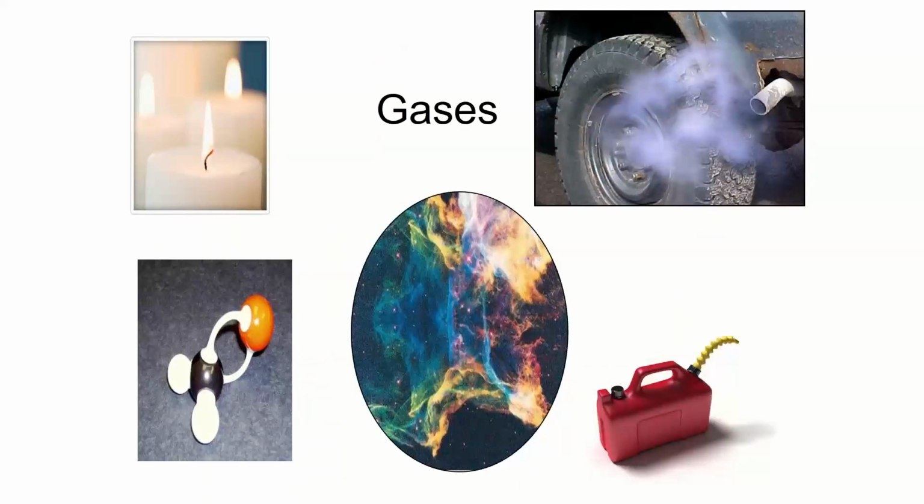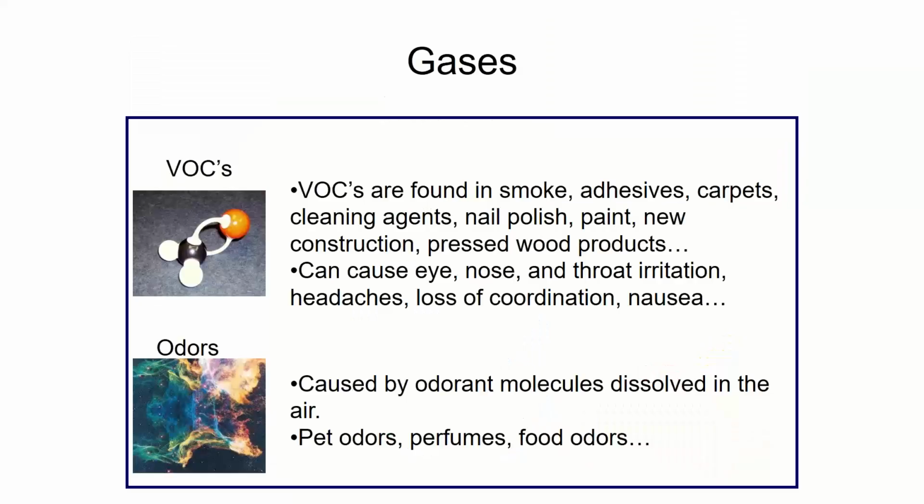Our third category of stuff is gases. That could be tons of different stuff, obviously, but the two main things we're mostly focused on are VOCs, volatile organic compounds. This is pretty much stuff that's off-gassed from all of the things you put into your building. You buy new chairs for all the employees, they're probably giving off VOCs.